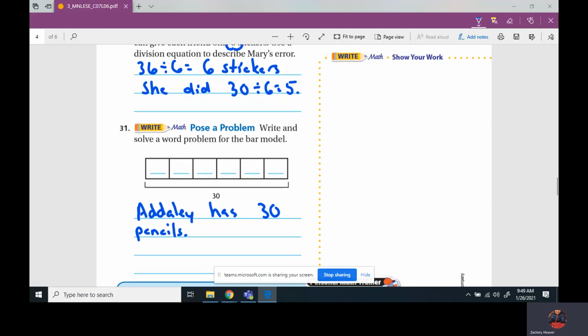How many groups do you guys see in that problem? Aubrey? Good. She gives 6 friends the same amount.